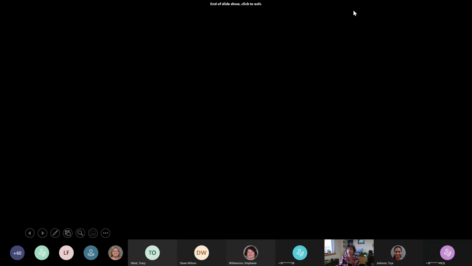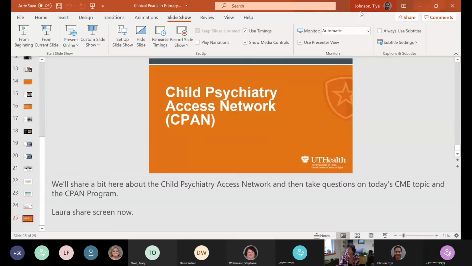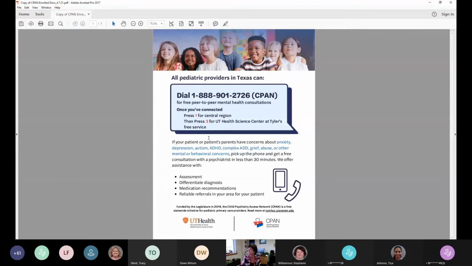Just want to share just a little bit of information about CPAN. I'm just going to share one of our flyers with the group as opposed to going into our actual presentation. One second, let me grab the right one here. So this is just some basic information about the CPAN program. If you're not familiar with CPAN, it is the Child Psychiatry Access Network.